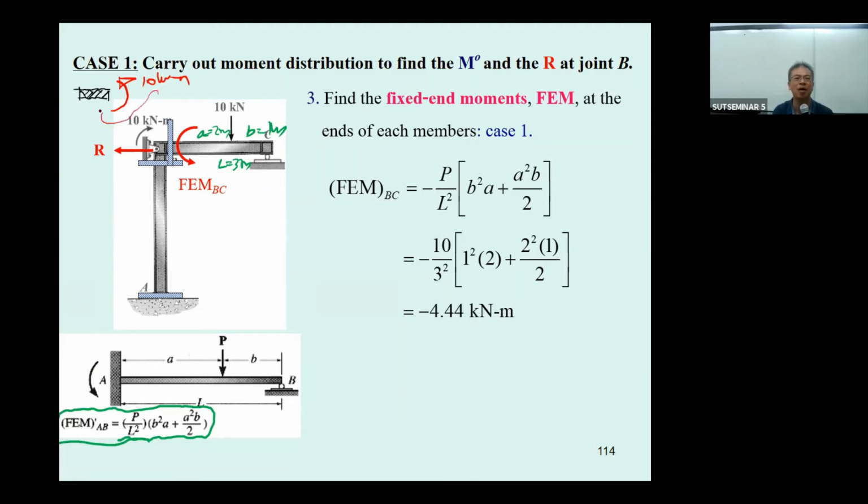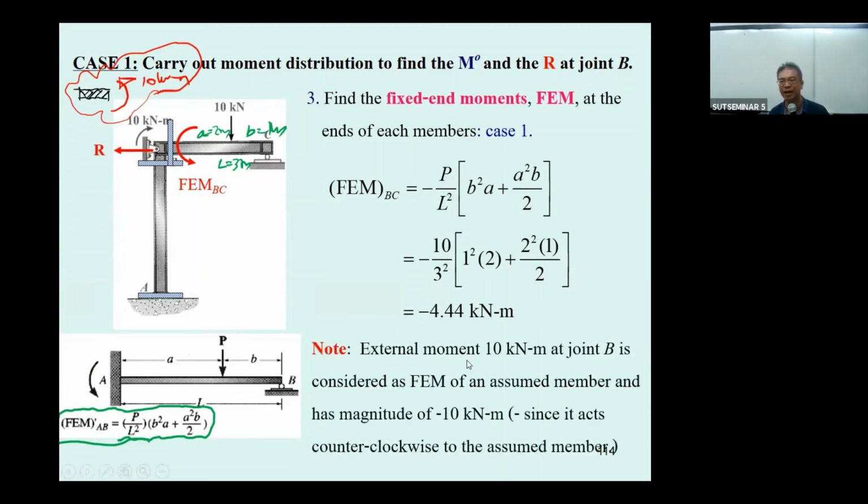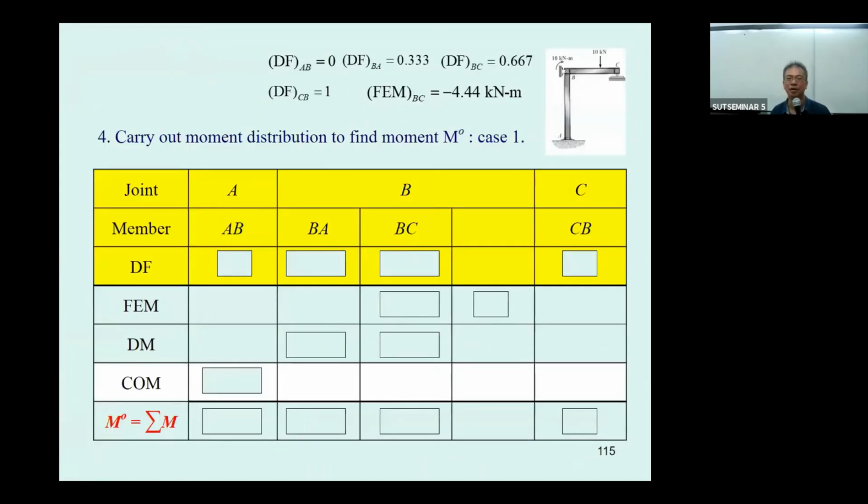This can be considered as the negative fixed end moment. Doing this, the external moment of 10 kilonewton meter is considered as a fixed end moment on the actual member, and it's going to be negative 10, like I presented before.